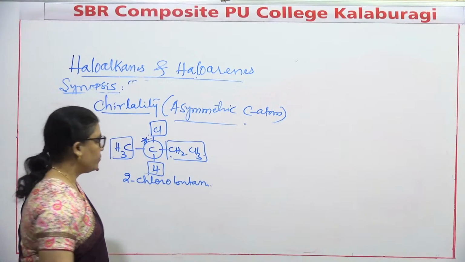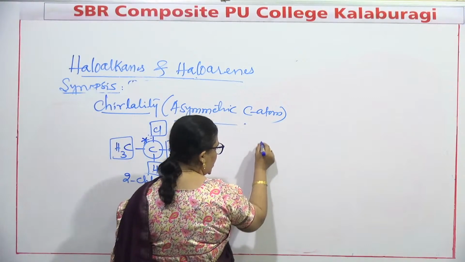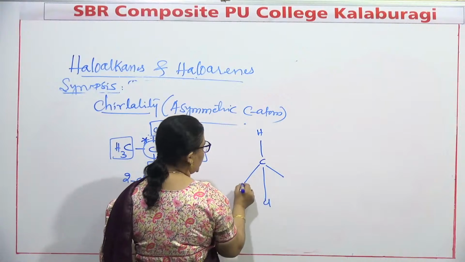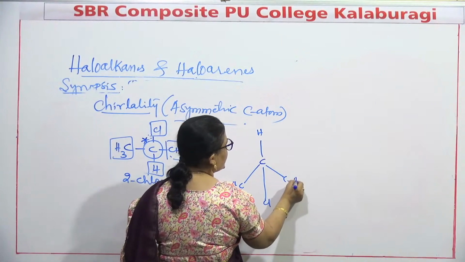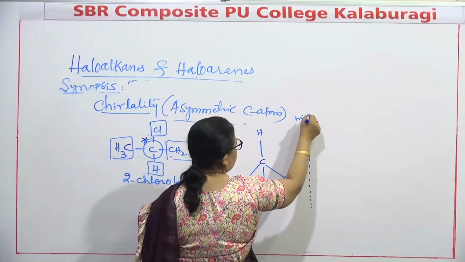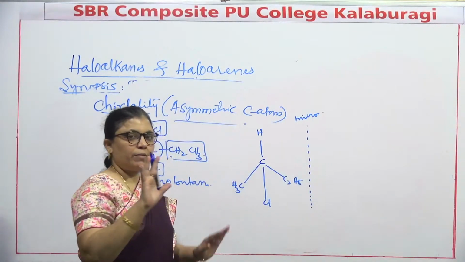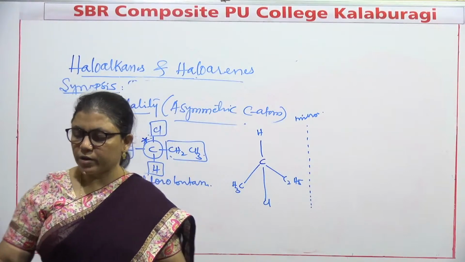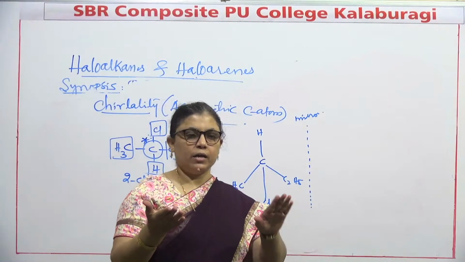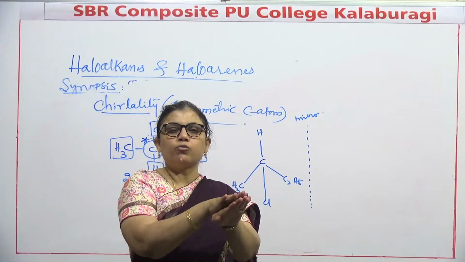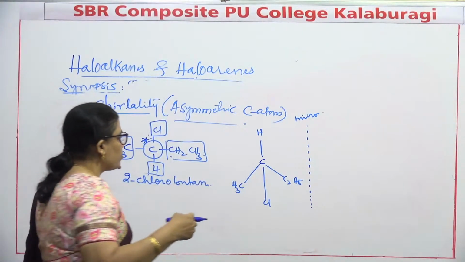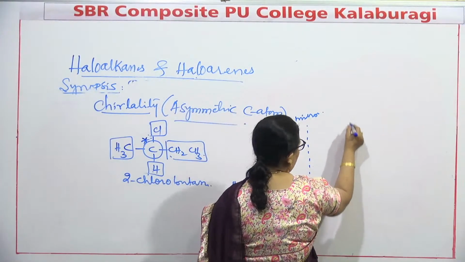Whenever we take it with respect to the tetrahedral nature, it has a mirror image. If I take a mirror in between, right will become left. The best example to understand optical activity is the right hand and the left hand. The right hand and the left hand are non-superimposable mirror images of each other.